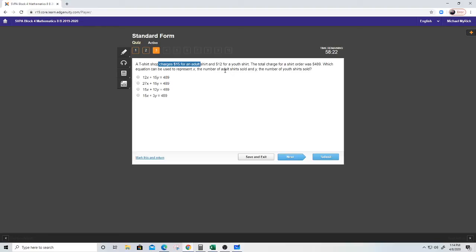It says over here, adult Y. Total charge for shirts is $49. Which equation can be used to represent X, the number of... okay, so I'm going to go with 12X plus 15Y equals 49. And that's based totally off that 15 for an adult, the number of adult shirts sold by Y.